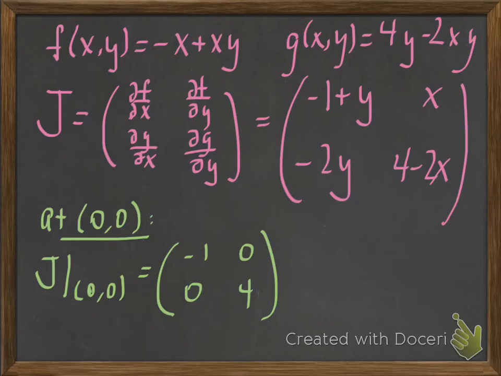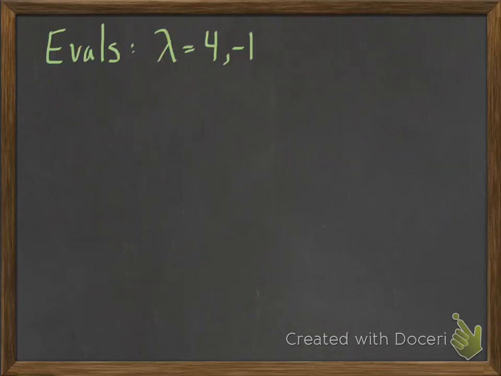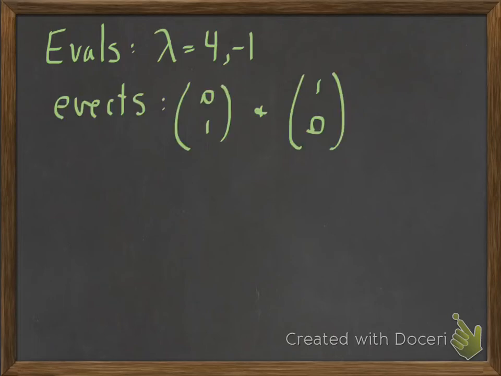So at (0, 0), if I plug in 0 for x and 0 for y into my Jacobian matrix, I get the matrix -1, 0, 0, 4. And I can analyze that very quickly, you might see, but you should pause the video and check this for yourself. My eigenvalues are lambda equals 4 and -1, and my eigenvectors are the vectors (0, 1) and (1, 0).